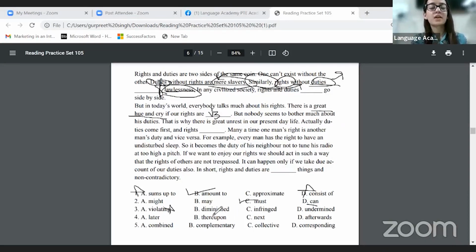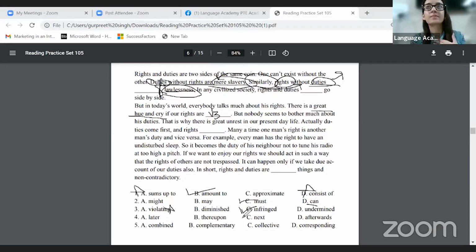And similarly, rights don't increase or decrease. Increase and decrease are not the words that we use for rights. So rights are infringed. Infringed means violated. Violated means if you are not allowed to do something which is your right.